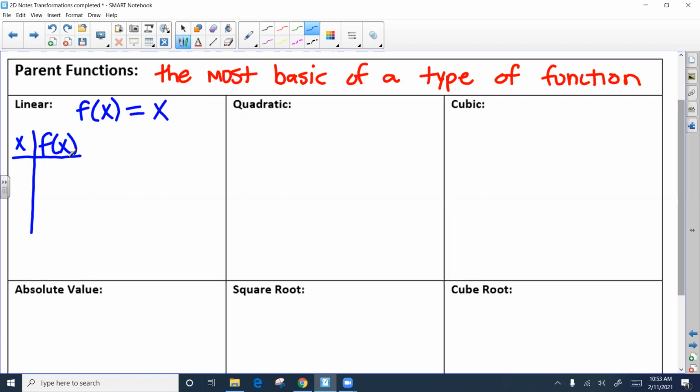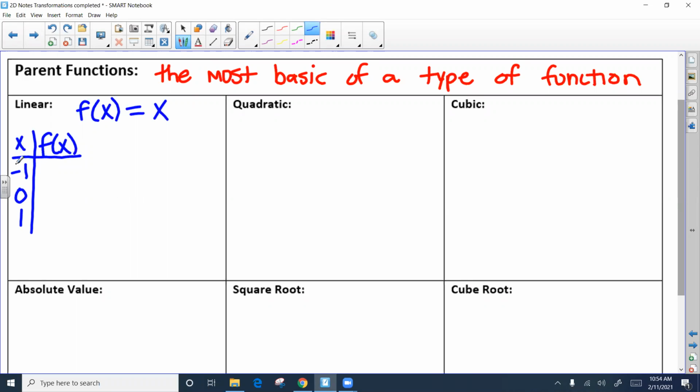Even though we can technically pick any x values we want, the x values we are going to use, we're going to make sure we include a negative, a positive, and 0. So anytime that we can, we're going to use these x values. So these in your table, -1, 0, and 1.